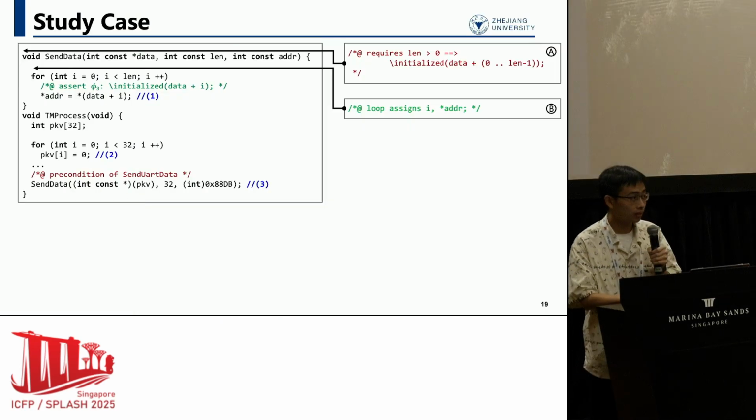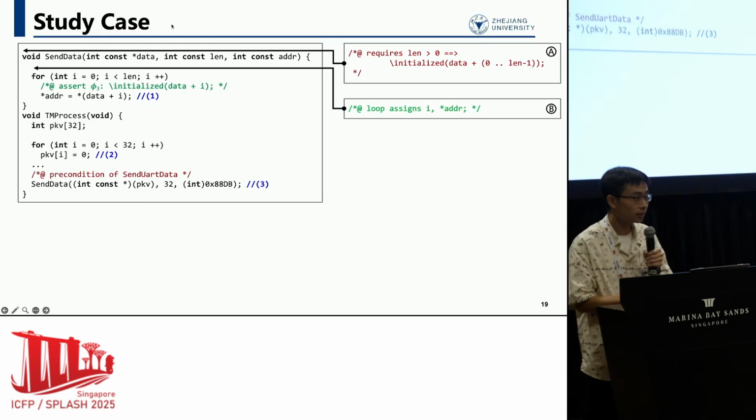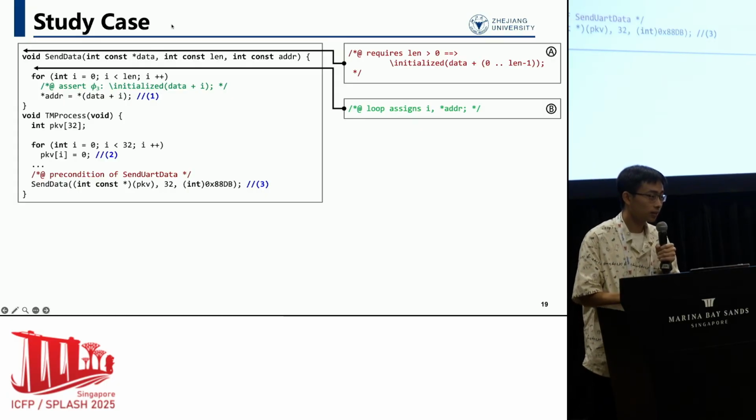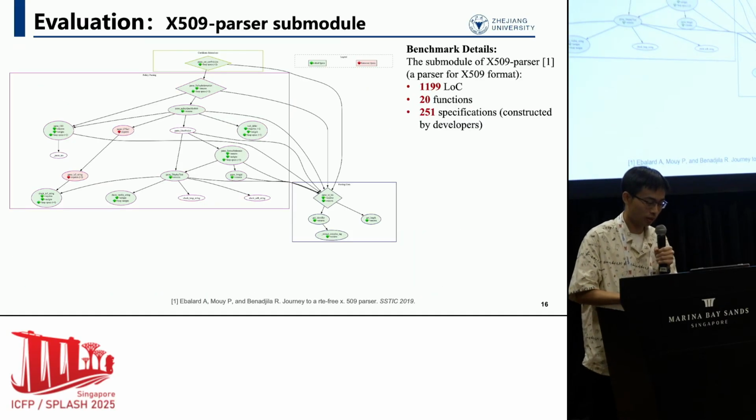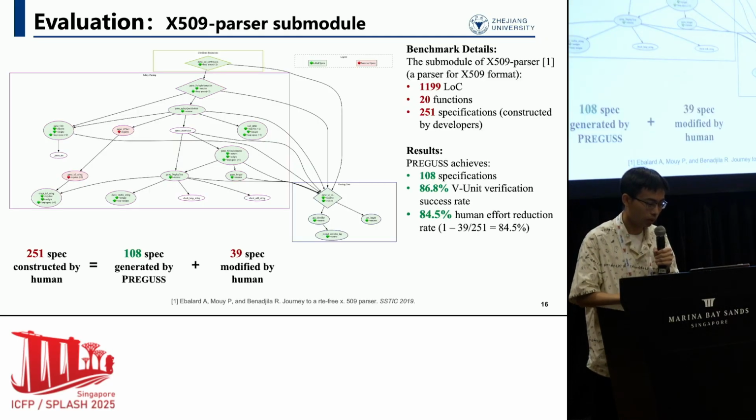Hi. Very quick question. So in your evaluation, did you end up manually checking the specifications to see if they are good quality or something? Yeah, very good question. And actually, we do.